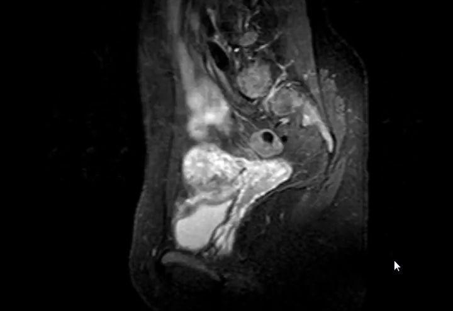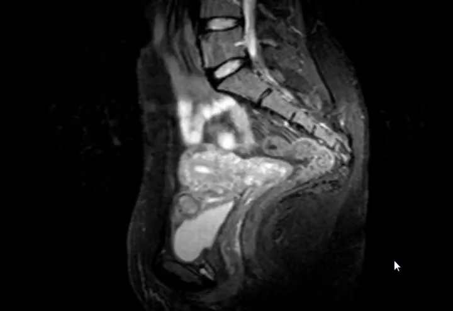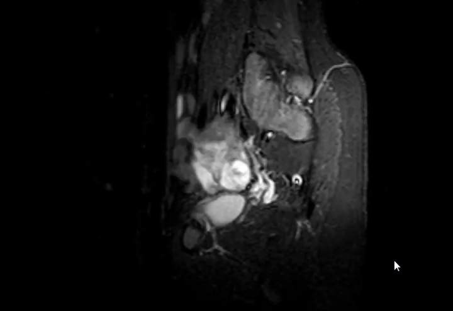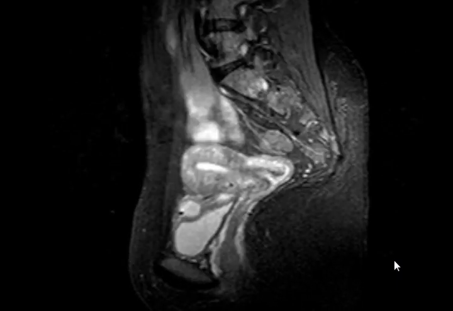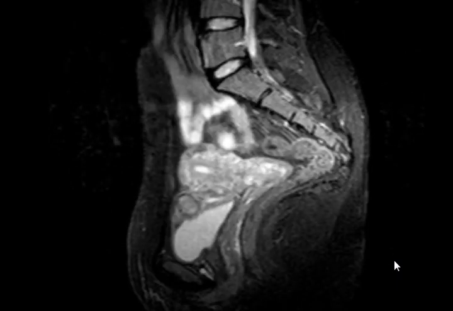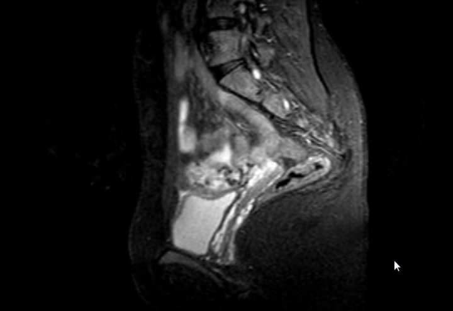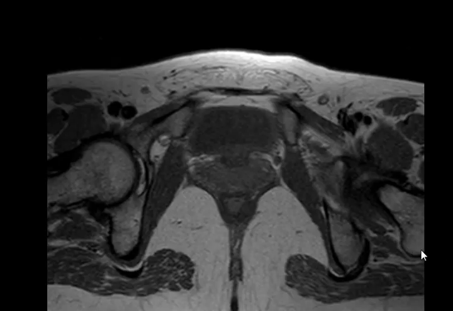T2 fat sat of the pelvis, sagittal image. These are the same sequence. Each one twice, before filter and after filter.